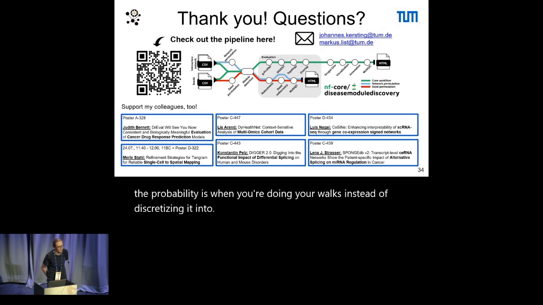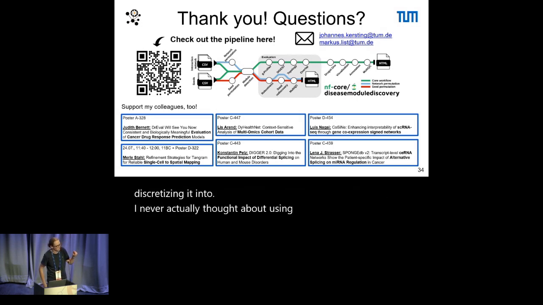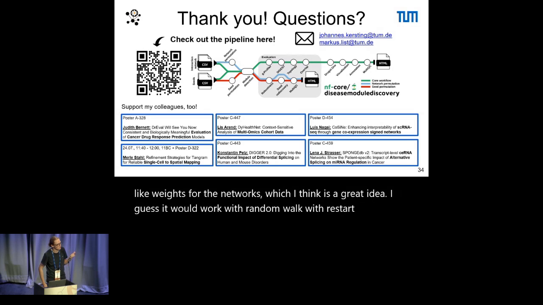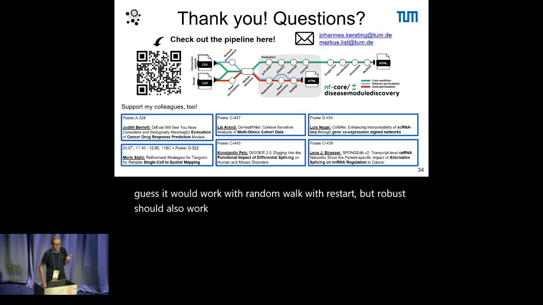I never actually thought about using the confidence levels as weights for the networks, which I think is a great idea. I guess it would work with random walk with restart, but it should also work with other methods.